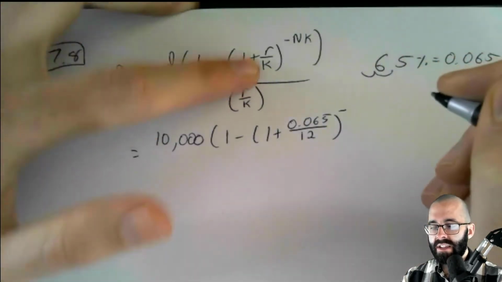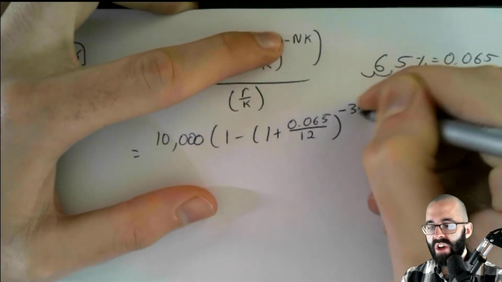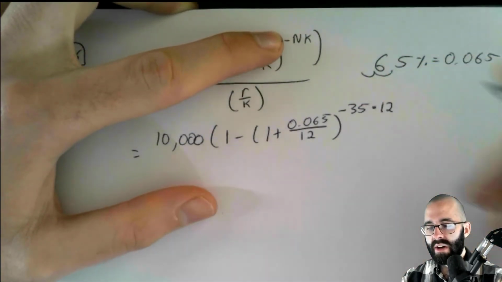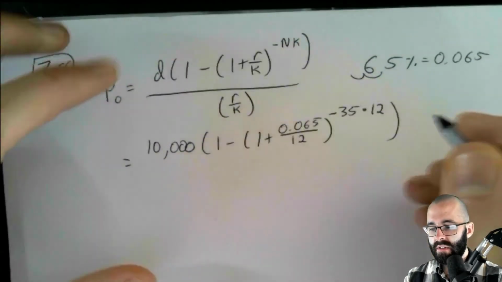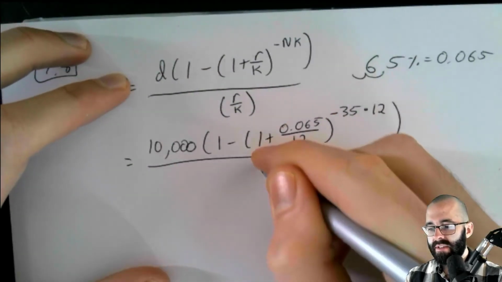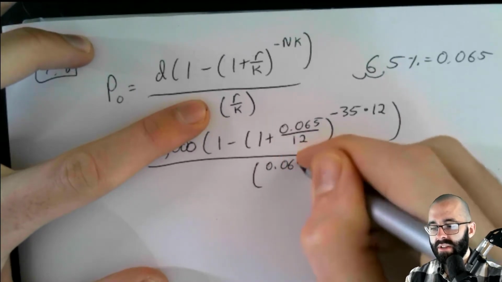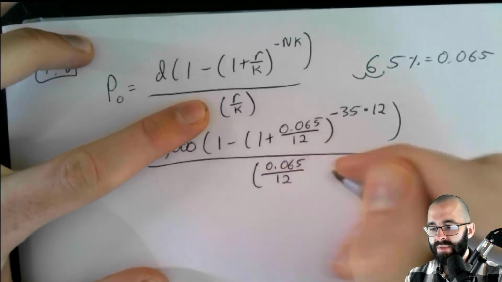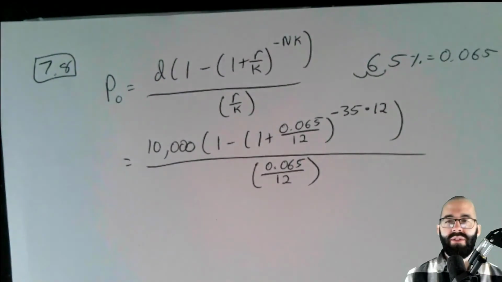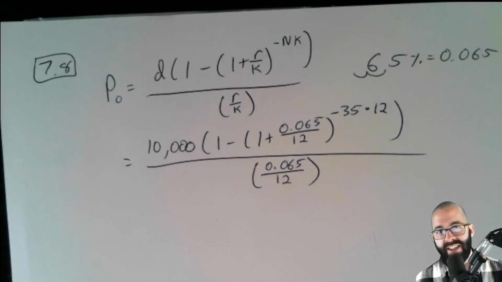There's a negative in the exponent now, and we have 35 years, and k is still 12. All of that is divided by r, our interest rate, 0.065 still, divided by k, which is still 12. And this is what needs to get calculated.